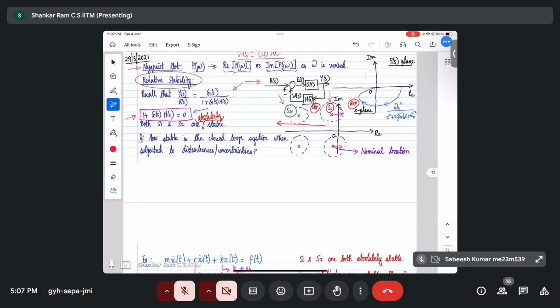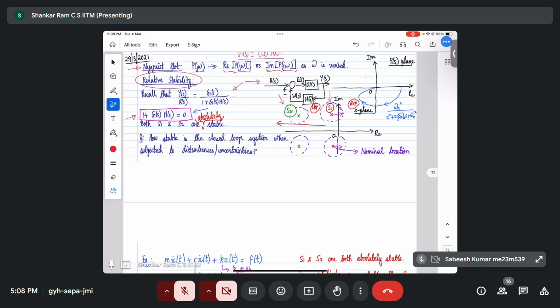But as we know, this entire theory that we have been learning is based on approximations. You and I approximate the system as a linear time invariant, causal system, and then derive governing equations in the form of linear ODEs with constant coefficients, and then we get the transfer function.